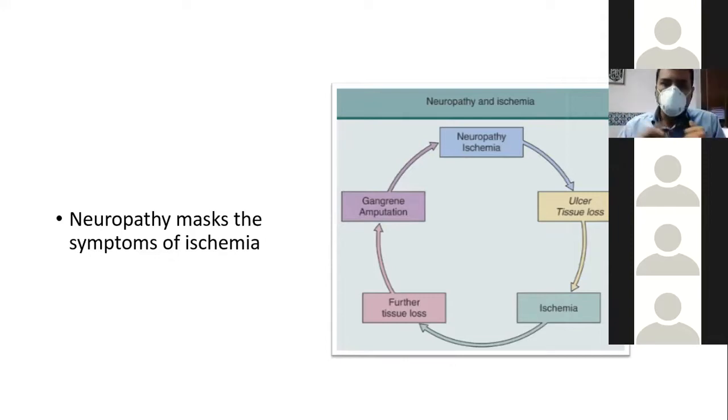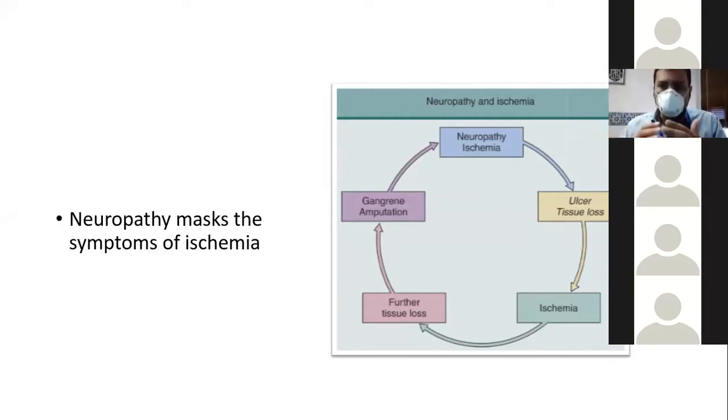Second problem is that the vessels are calcified and they are not palpable. The third challenge we find is that we rely a lot on the ABPI, but the ABPI may not be representative in diabetic patients due to calcified vessels which are not collapsible. So we have to use other non-invasive methods.